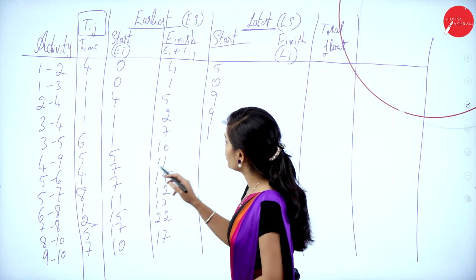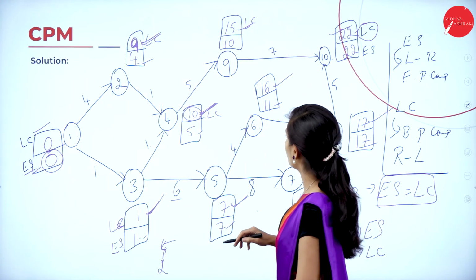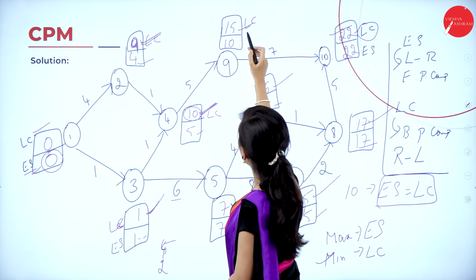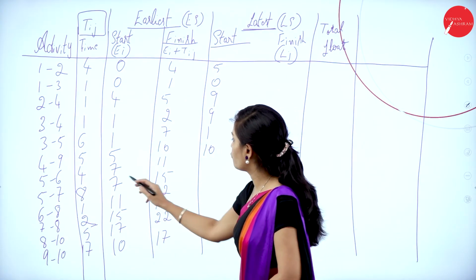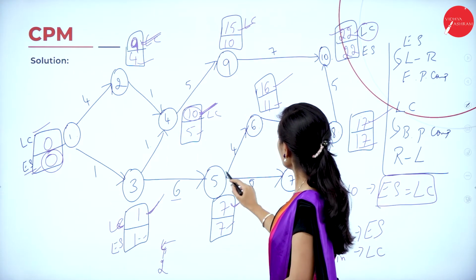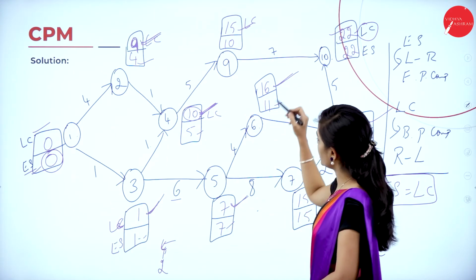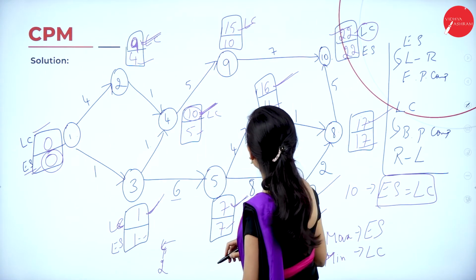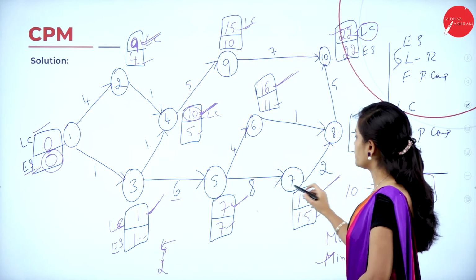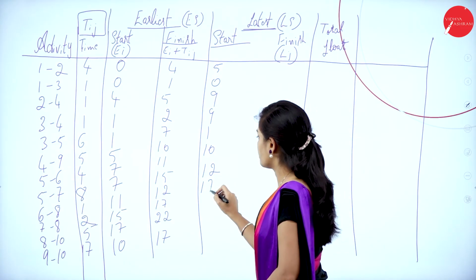And 3 to 5 is completed, and 4 to 9, completion time is 15, minus 5 is 10. And for 5 to 6, completion time is 16, minus 4 is 12. And 5 to 7, completion time is 15, minus 8 is 17.